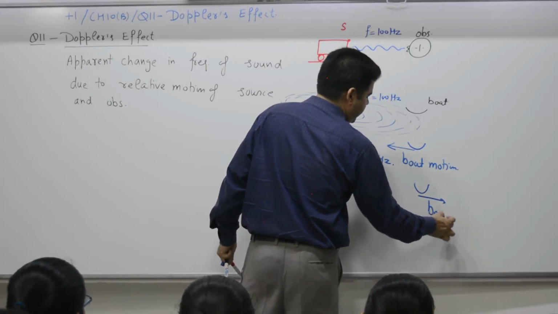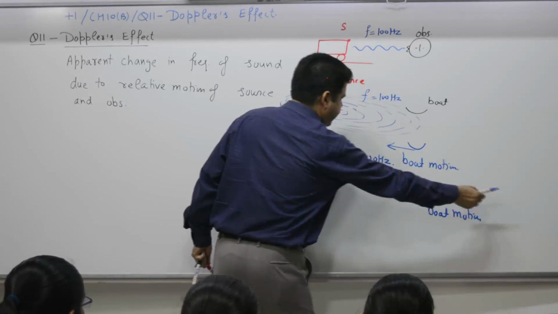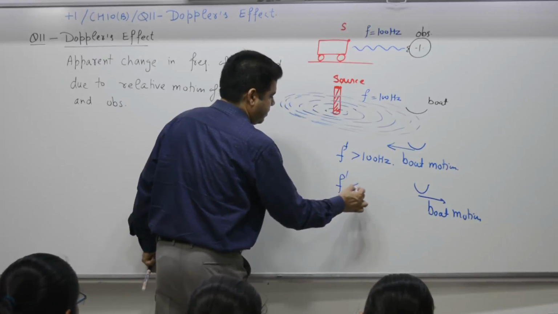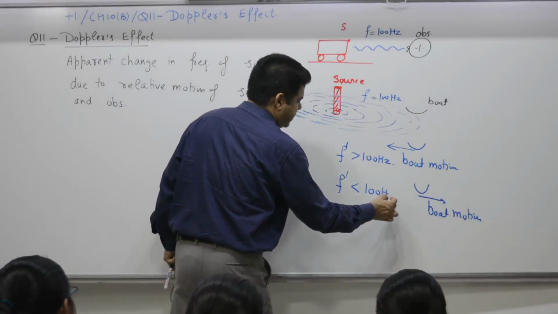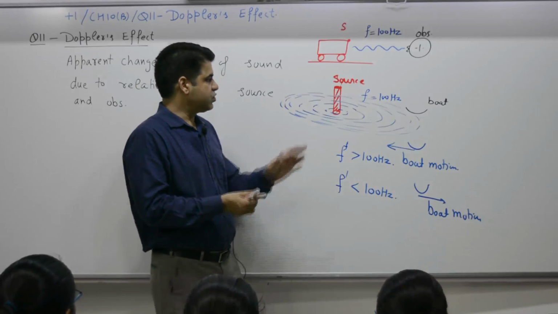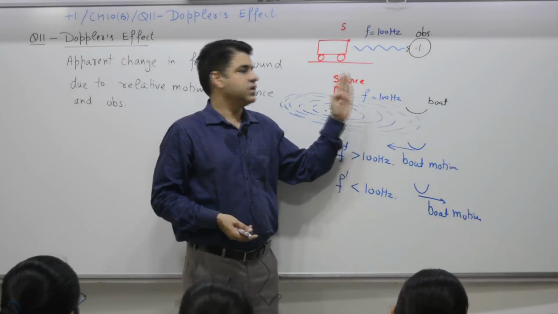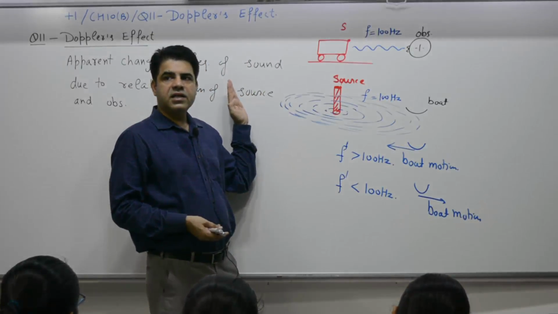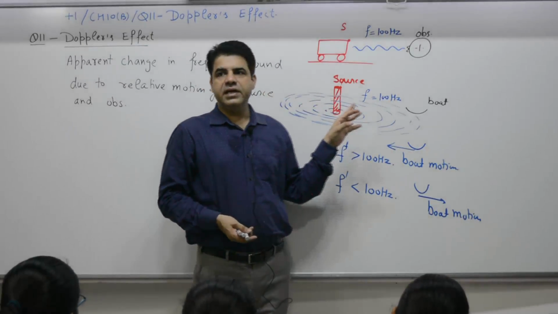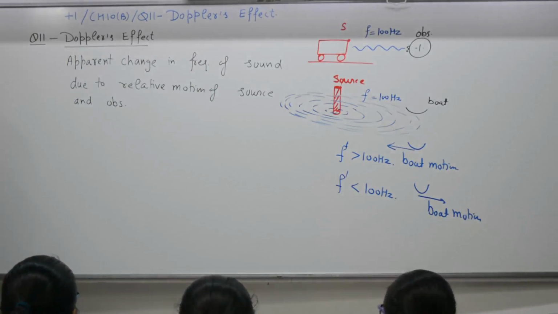Boat motion is away, then the apparent frequency will be what? Less than 100 hertz. Similarly for the source also. If the source moves towards, apparent frequency will be more than natural frequency. If the source moves away, then apparent frequency will be less than natural frequency or true frequency.